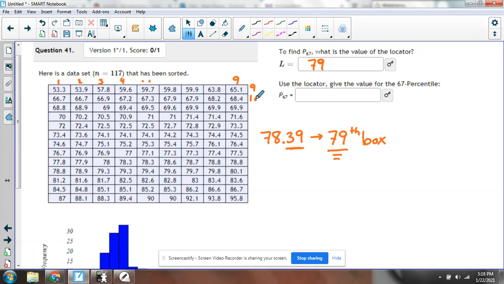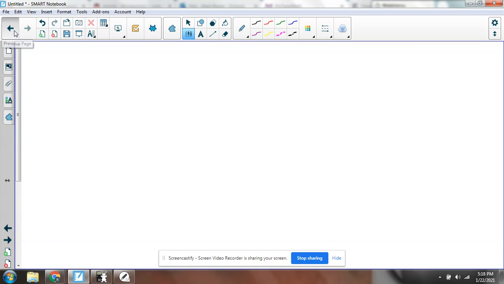This is the 18th box, 27th, 36th, 45th, 54th, 63rd, 72nd, 73rd, 74th, 5th, 6th, 7th, 8th, 9th. This is the 79th box. Or if you really want to do it, you can just count them up. So that's going to be 78.7. And that's it.